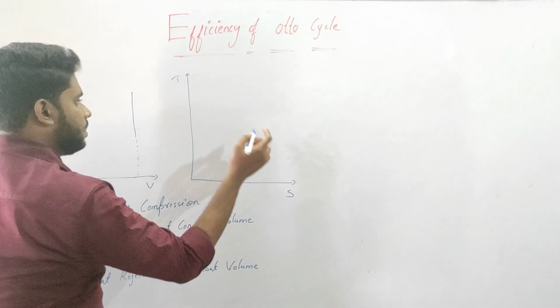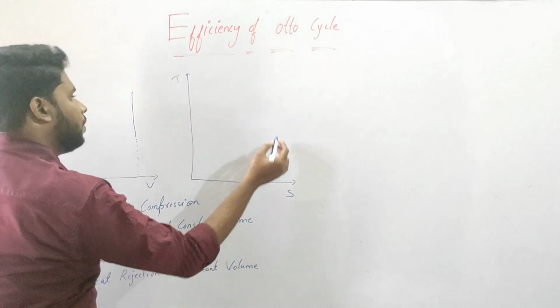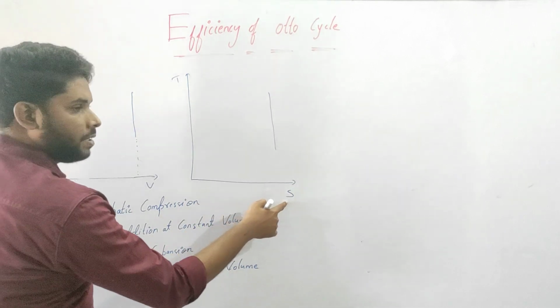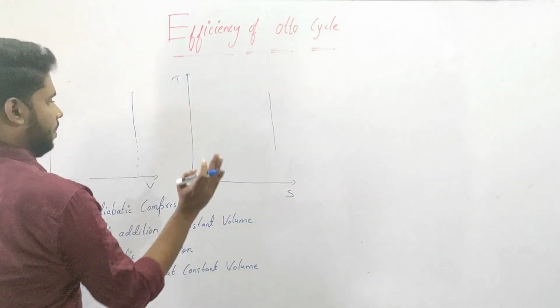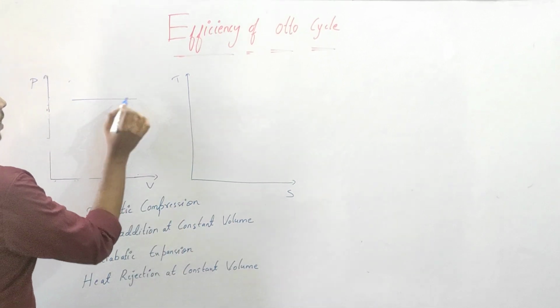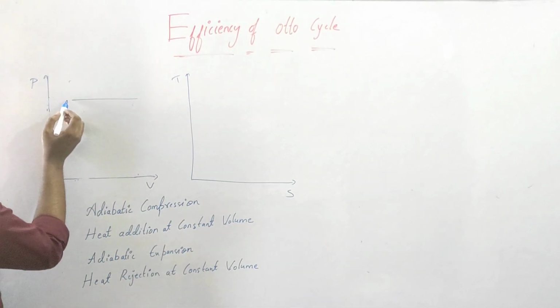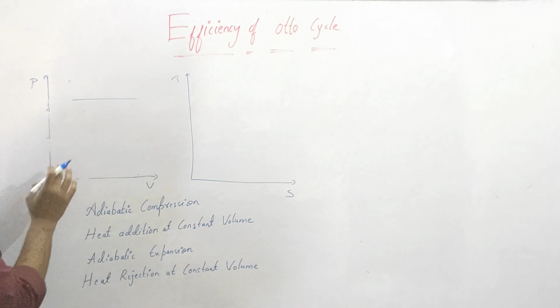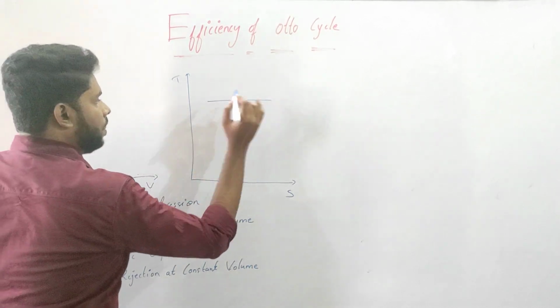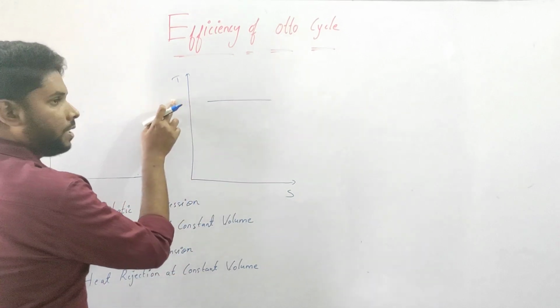In a TS temperature entropy graph, if I draw a straight vertical line, it means that entropy remains constant even though the temperature is varying. Similarly, if I draw a horizontal line in the PV diagram, it means the pressure remains constant even though we are varying the volume. In a TS diagram a horizontal line represents the constant temperature line.